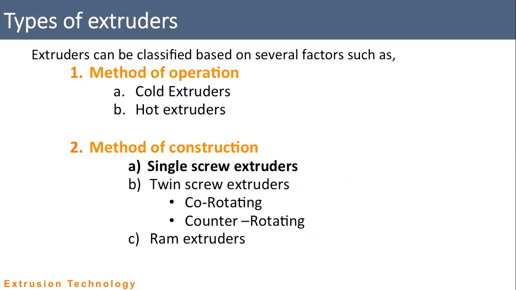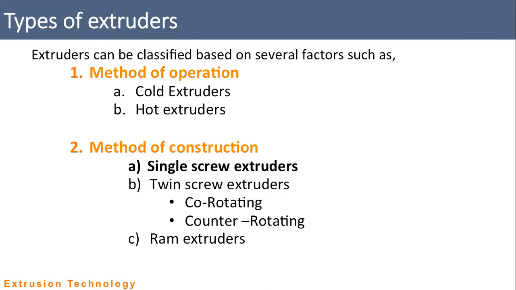Here I have used two major criteria: method of operation and method of construction. Based on the operation methods, we can classify the extruders into cold extruders and hot extruders. What are cold extruders? It means the temperature is reduced.